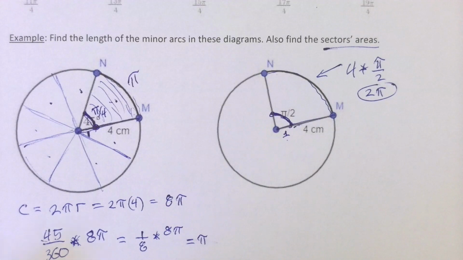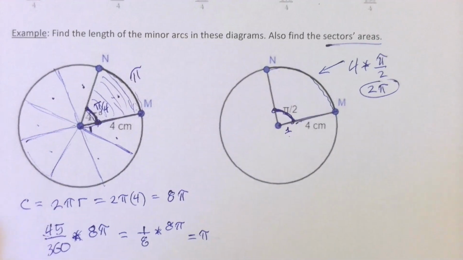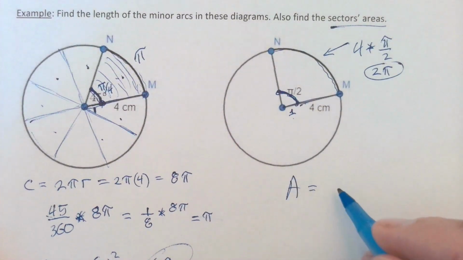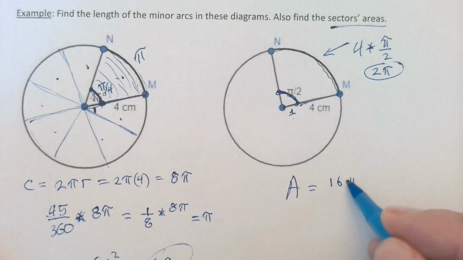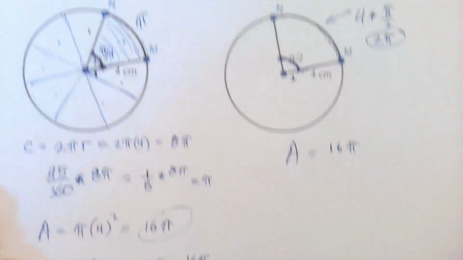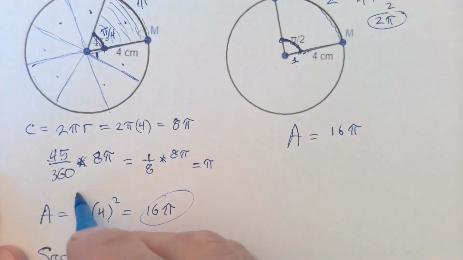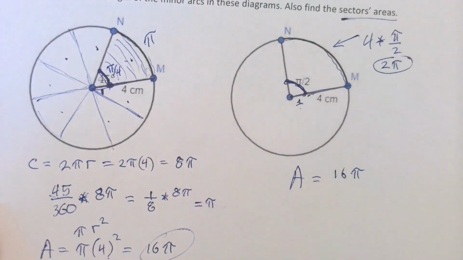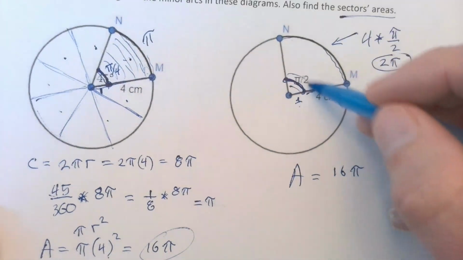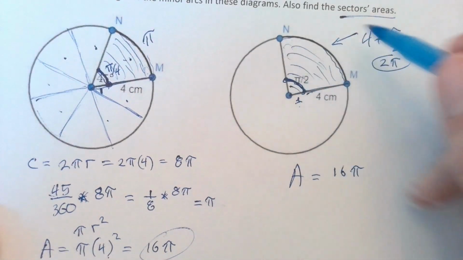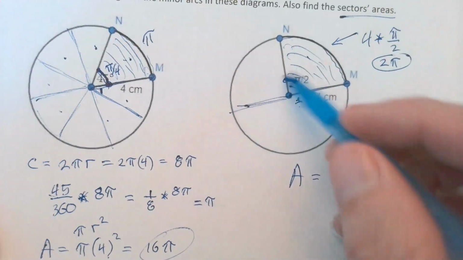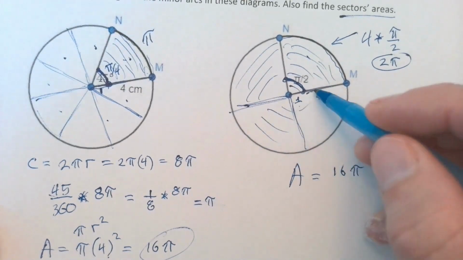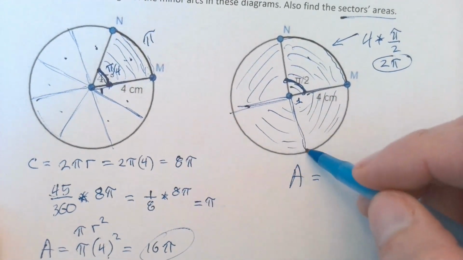Okay, I'm going to shortcut the area. We already have some information about the area of this circle. We calculated previously that it was 16 pi. How did I get that? I did pi r squared right here. And I can use that again for this circle because they have the same radius. But now I'm trying to find the area of this sector. Does it make sense to you that there's 1, 2, 3, 4 sectors here that all have equal area?